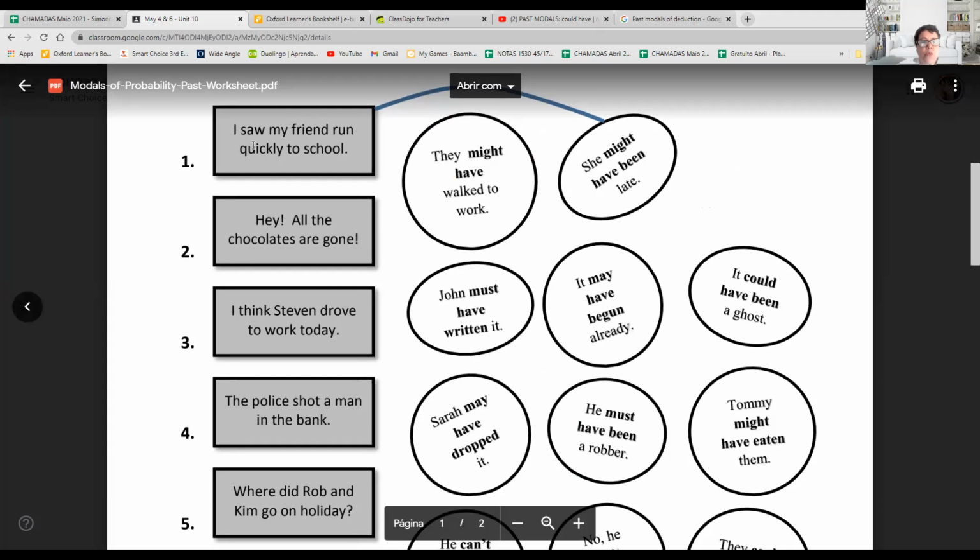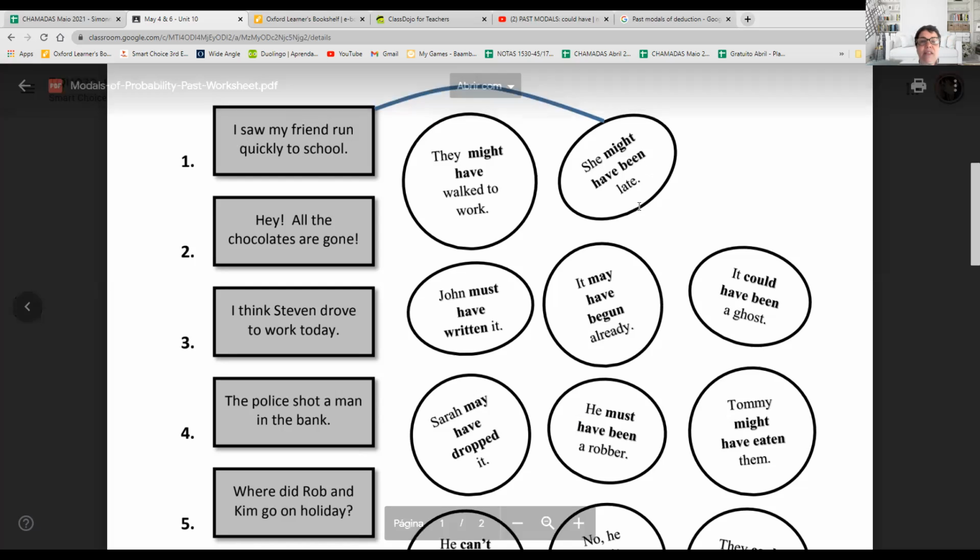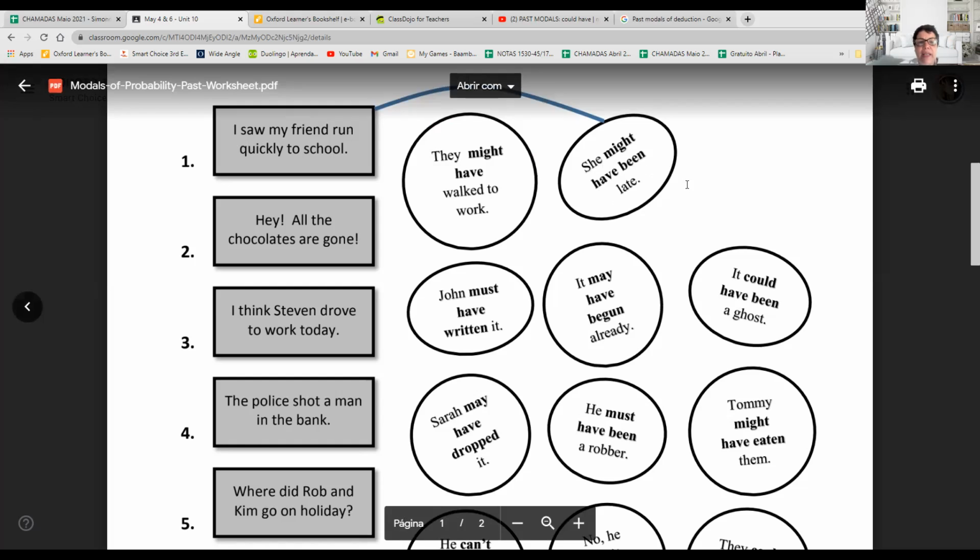So look at the first one. I saw my friend run quickly to school. What is the deduction that I can make here? Oh, she might have been late. All right, she might have been late.